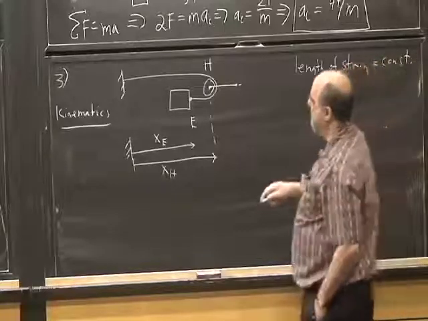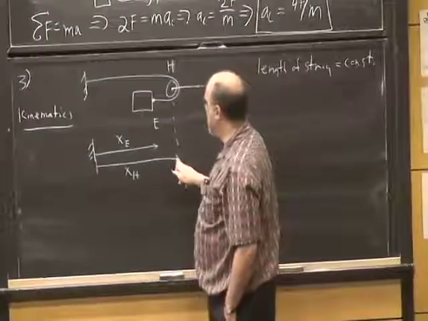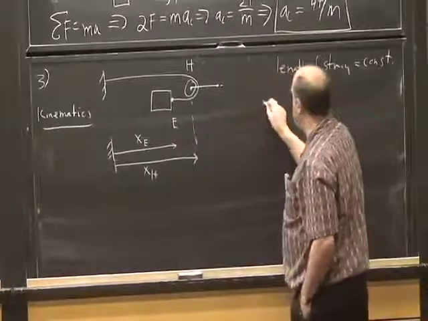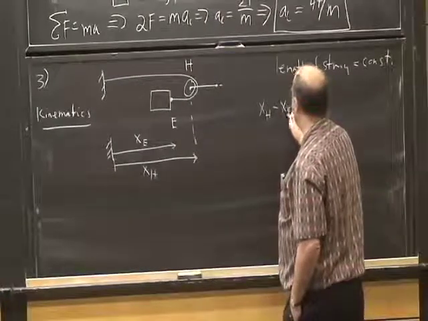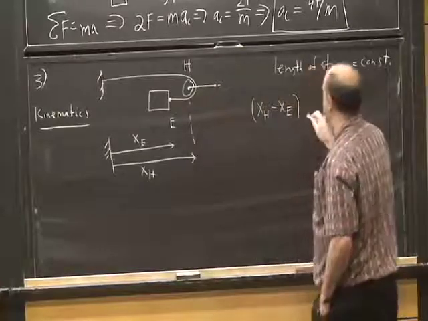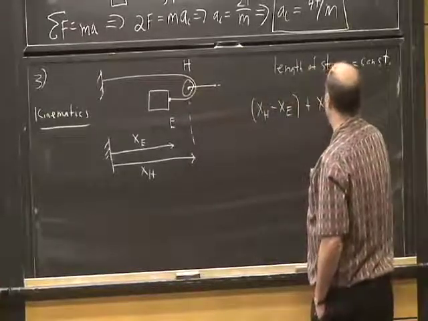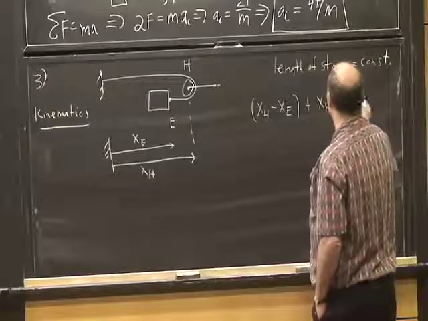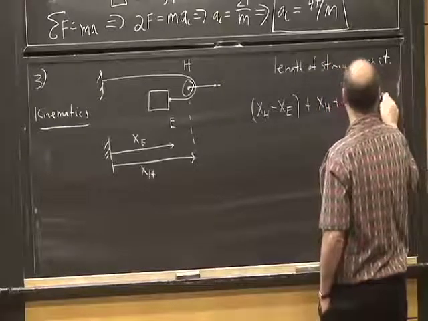What is the length of the string? Well, the length of the string is XH minus XE. That's this piece of length, and then I have plus XH. And then I have plus pi times the radius is equal to a constant.